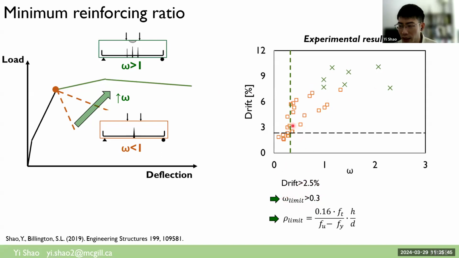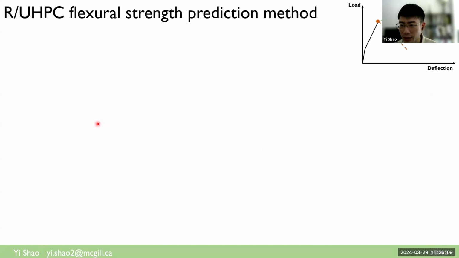So everything to the right of this green line, we can promote a high deformation capacity in reinforced UHPC beams. And by rearranging the omega equation, we can get the minimum reinforcing ratio equation for UHPC beams to guarantee a minimum deformation capacity to avoid rapid failure after crack localization.